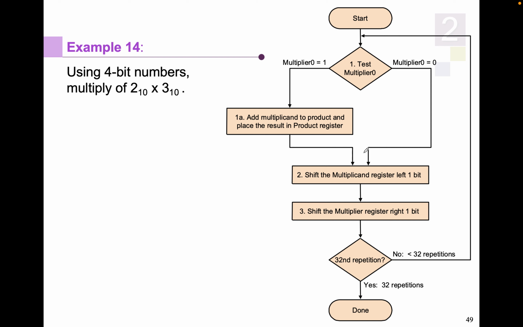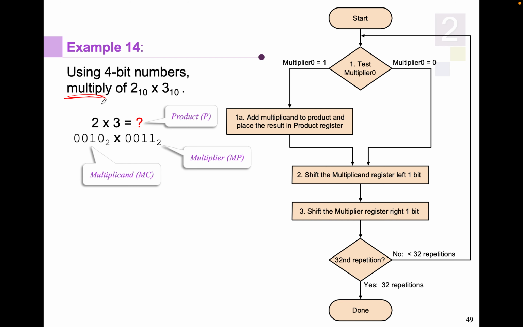For example, here you have 2 times 3. You define which one is your multiplier and which one is your multiplicand. So this is the multiplicand, this is your multiplier, and this is your product. You have 0010 and 0011.